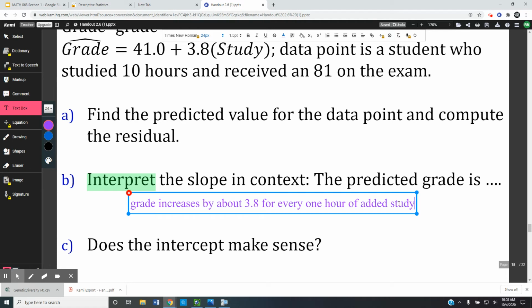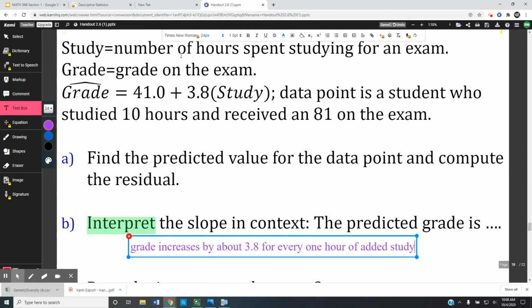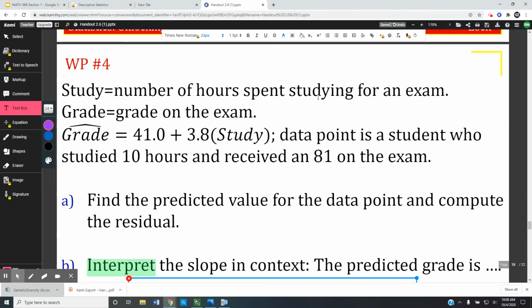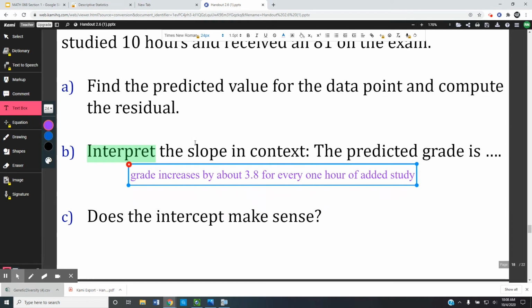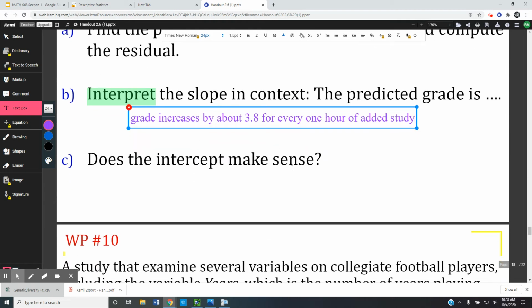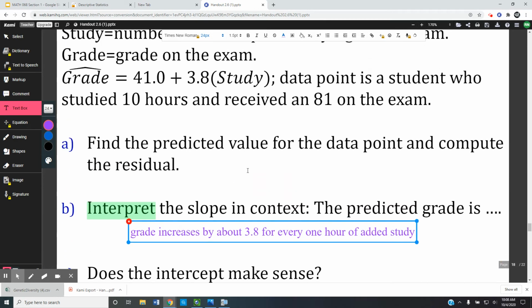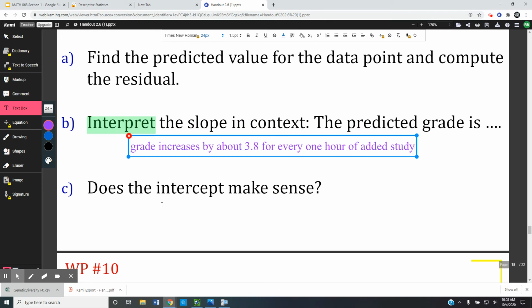Does the intercept make sense? 41. When we talk about that intercept, it's completely possible to get a 41. Obviously, a 41 is probably not a passing grade. A person who studied for 10 hours received 81. We don't know these are percentages, but I suppose we could surmise that. Could we say that if a person didn't study, they were getting a 41? I would say, yeah, probably. This does make sense that this could take place.